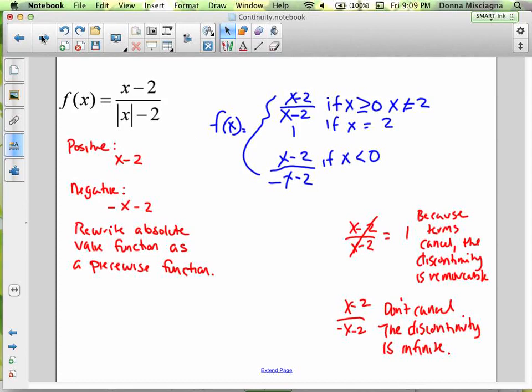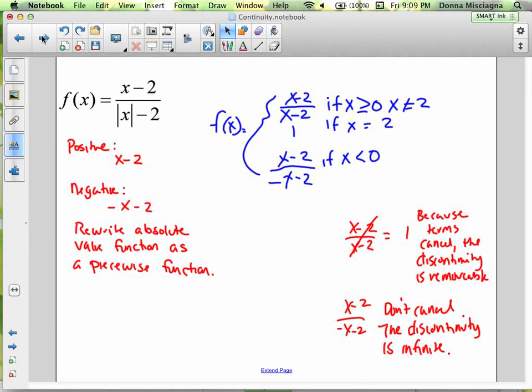We've now rewritten it. So now if we take a look at our new function, we're going to replace the denominator with the correct piecewise part, the positive side and the negative side.